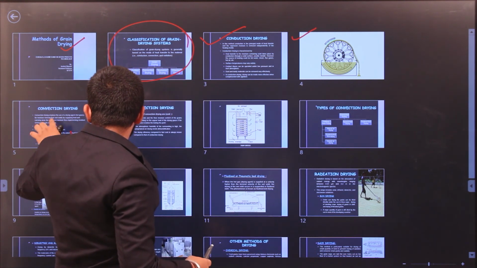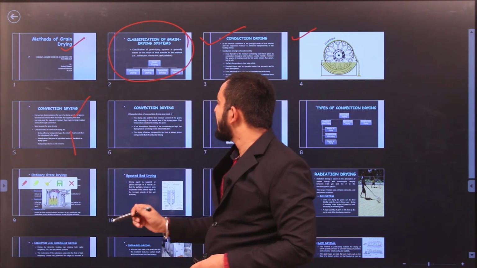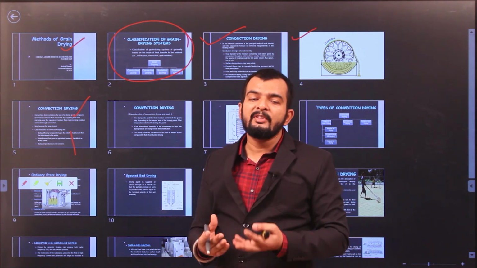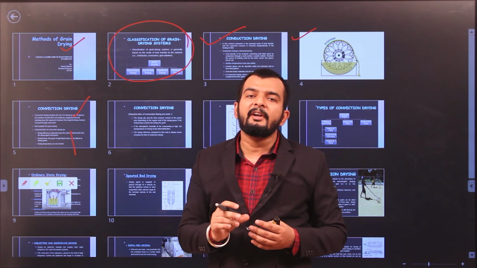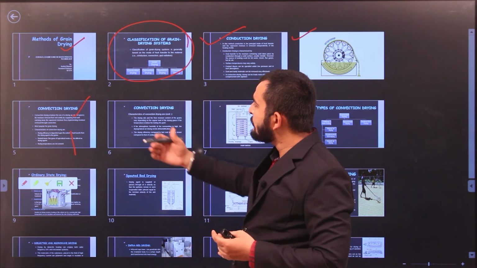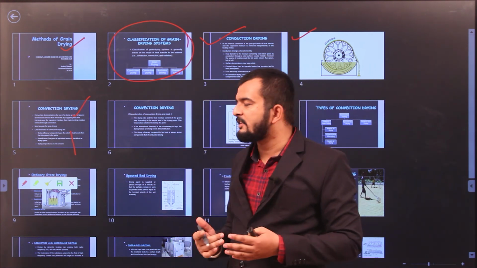Next we studied convection drying. Under convection drying, drying takes place using hot gases and the principle of convection is involved. Individual grains come in contact with hot gases and uniform and more effective drying will occur. Also this can be used for thermolabile substances because the contact time is less here.